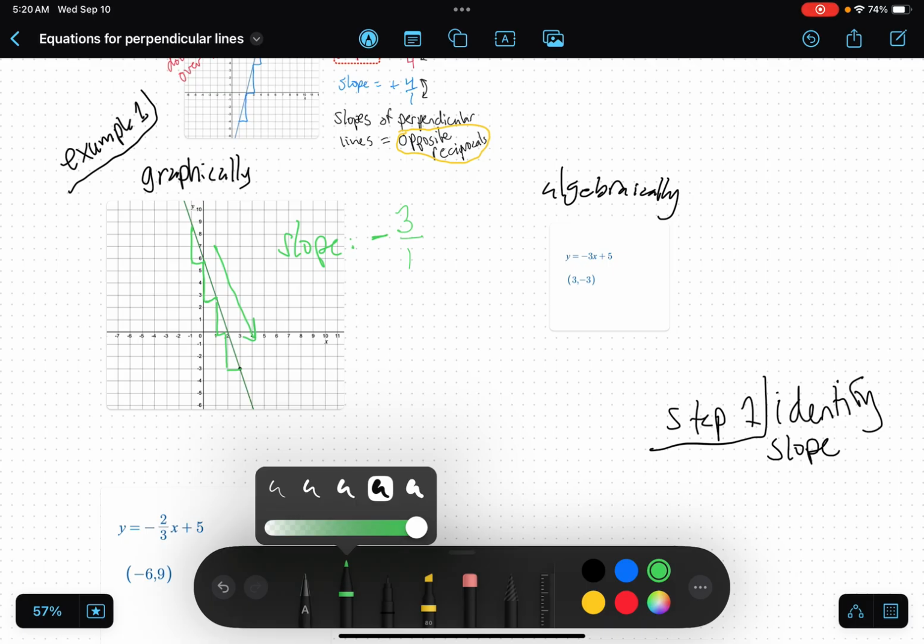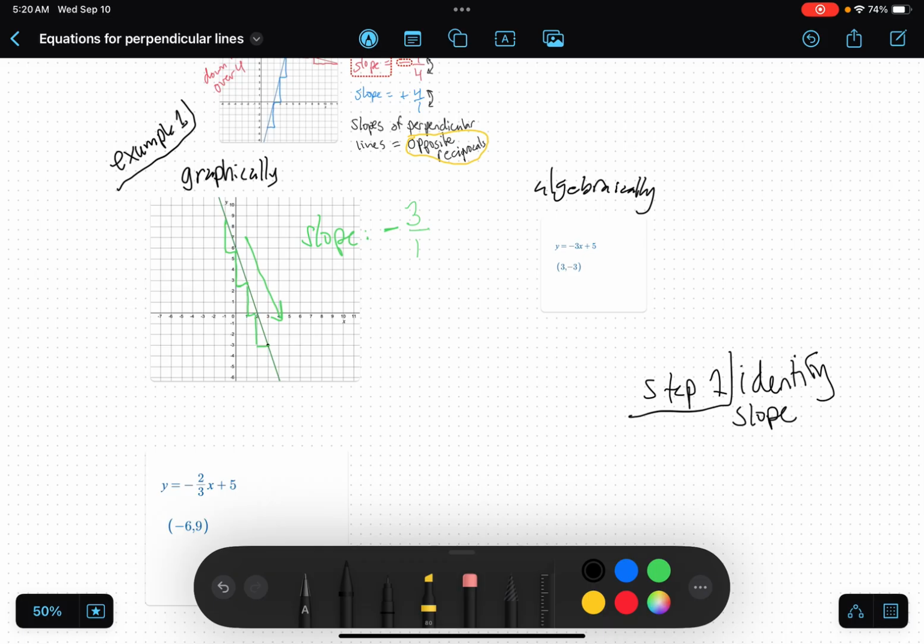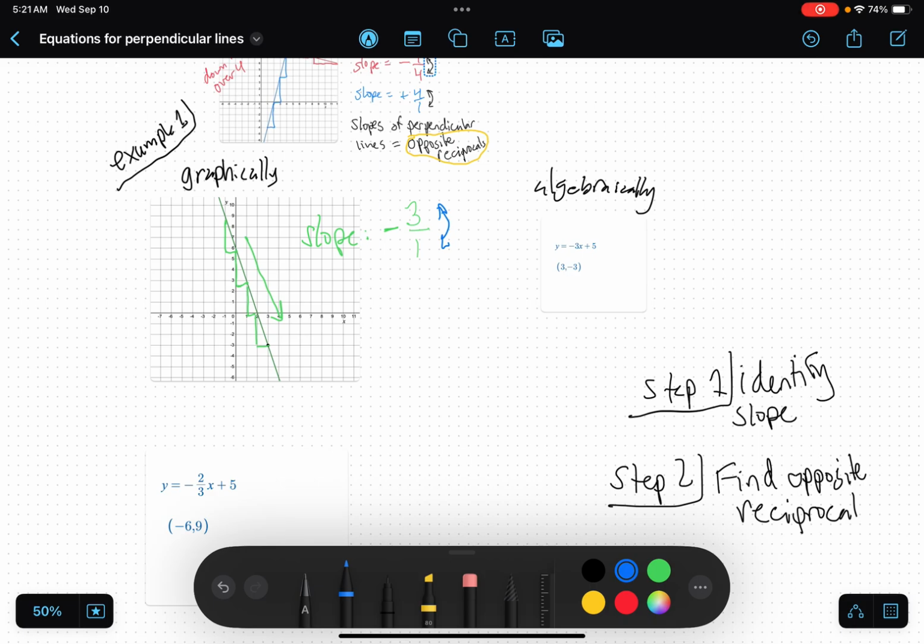So once I have the slope of my original line, I need to find the slope of the perpendicular line. How do I do that? I find the opposite reciprocal. What does that mean? I'm going to flip my rise and my run and make it positive. So my perpendicular slope is going to be positive 3 over 1.